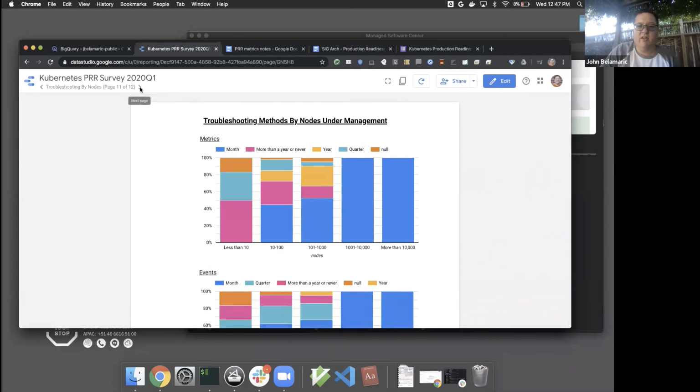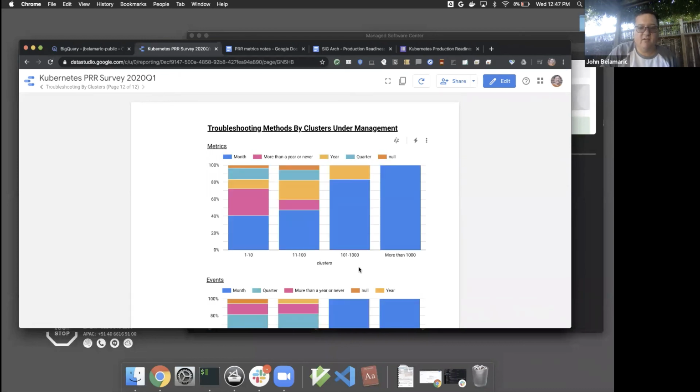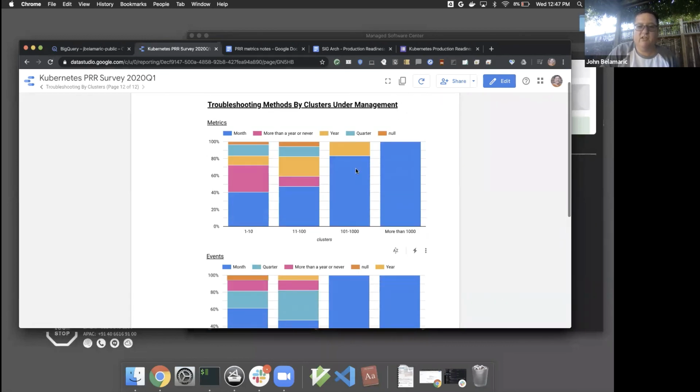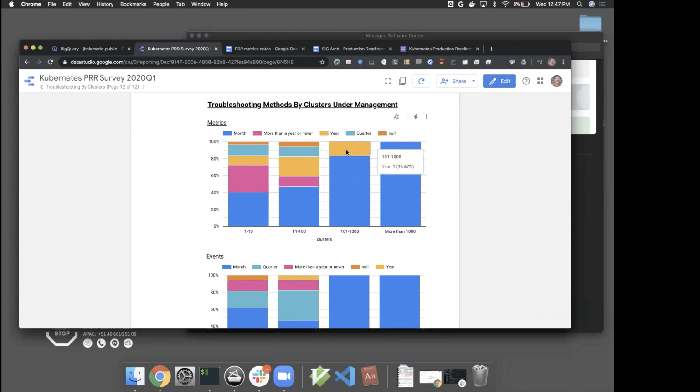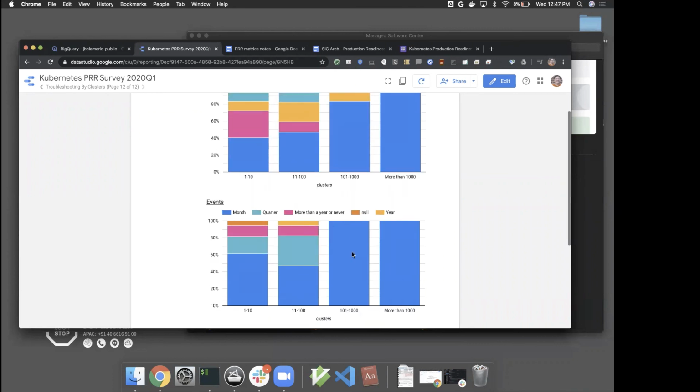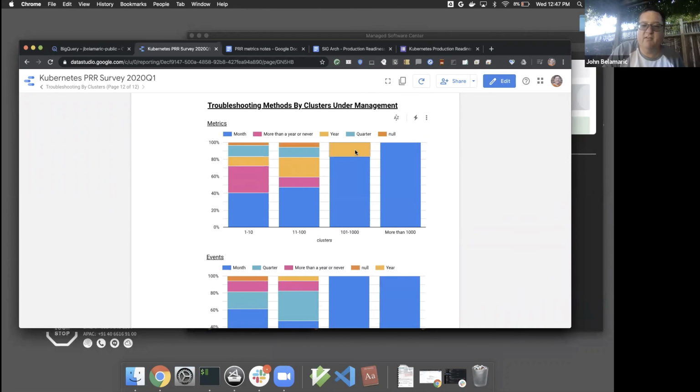So my only other one is the same thing with clusters under management, which is actually quite surprising, that anybody with that many clusters under management is looking at metrics that rarely. That's probably one person. Yeah, it could be.